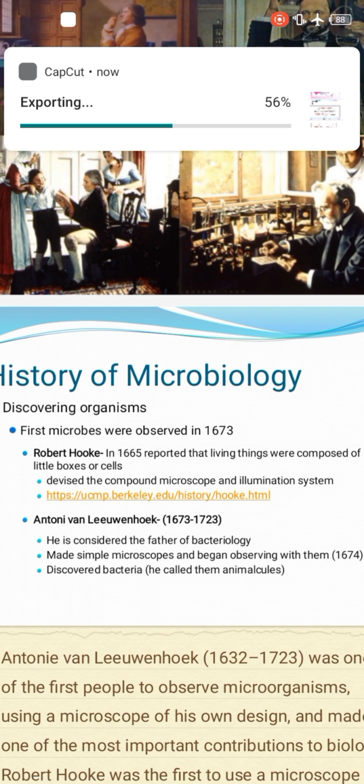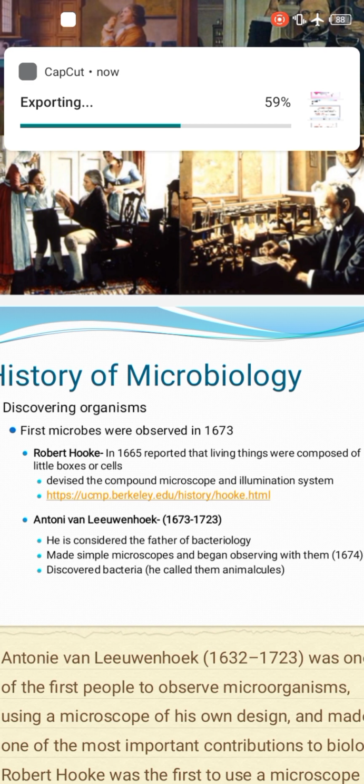Antony van Leeuwenhoek is considered the father of bacteriology. He was the first to discover bacteria. Microorganisms include a whole range of things like fungi and bacteria, but Antony van Leeuwenhoek worked to find bacteria. He made a simple microscope and began observing with it.